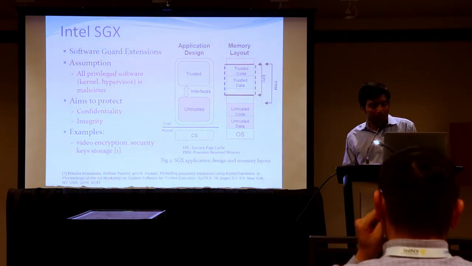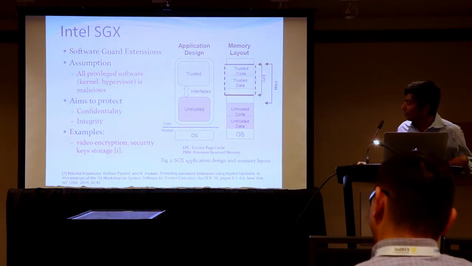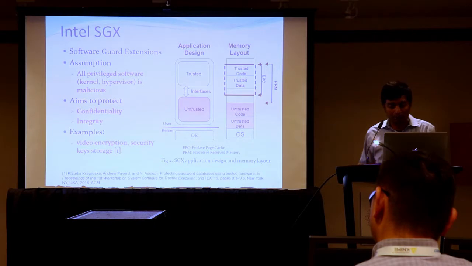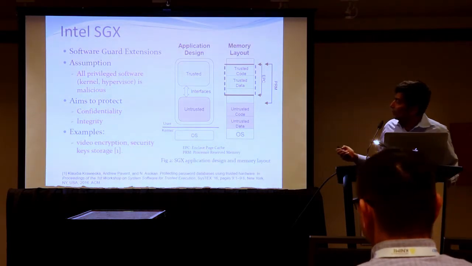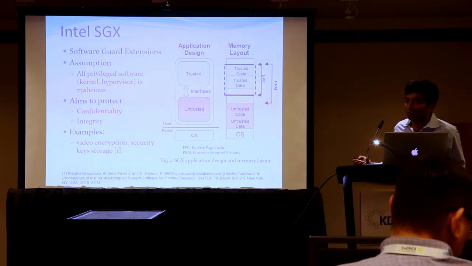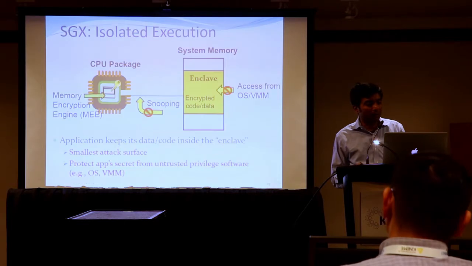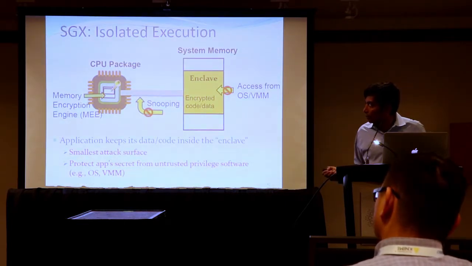It's not that big. The untrusted code and data run in typical memory, which might be compromised. But even if the OS is compromised, it still cannot access the enclave area. It is protected by a hardware key that comes from the CPU.